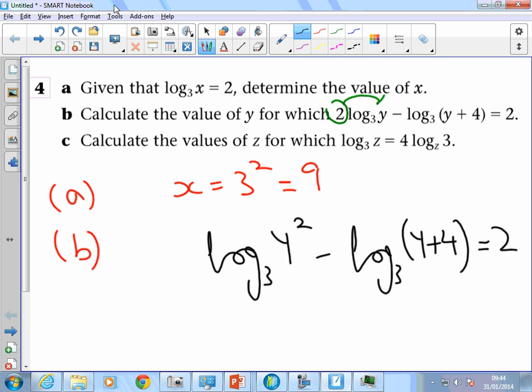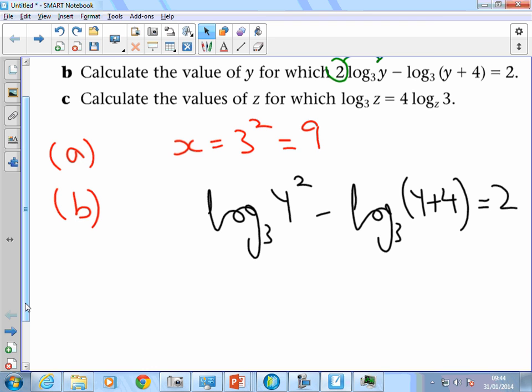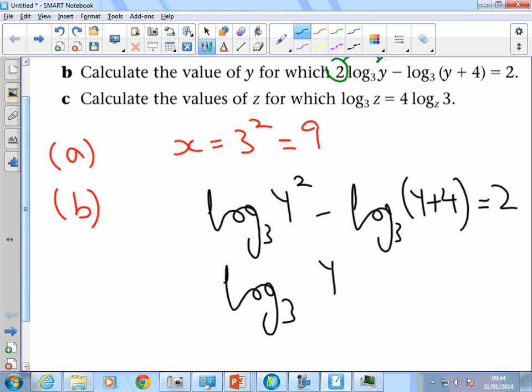Okay, so that's the power rule. And now we have here subtraction between the two logs, so we therefore know that that becomes y squared over y plus 4 has to equal 2.